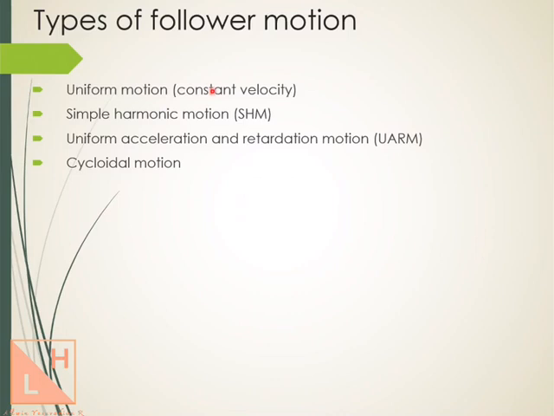Based on that, it will have any one of these four motions, and depending on which one, we will have different methods to solve the problem. If the follower has uniform motion, the way in which we design the cam profile will be different. The same applies with SHM. If it is SHM, then the method we need to use to develop or design the cam profile is different.